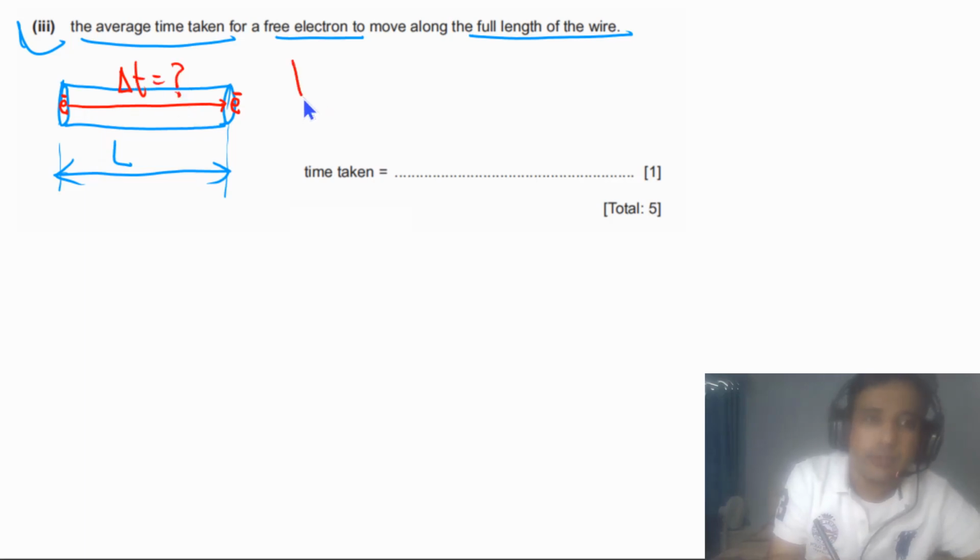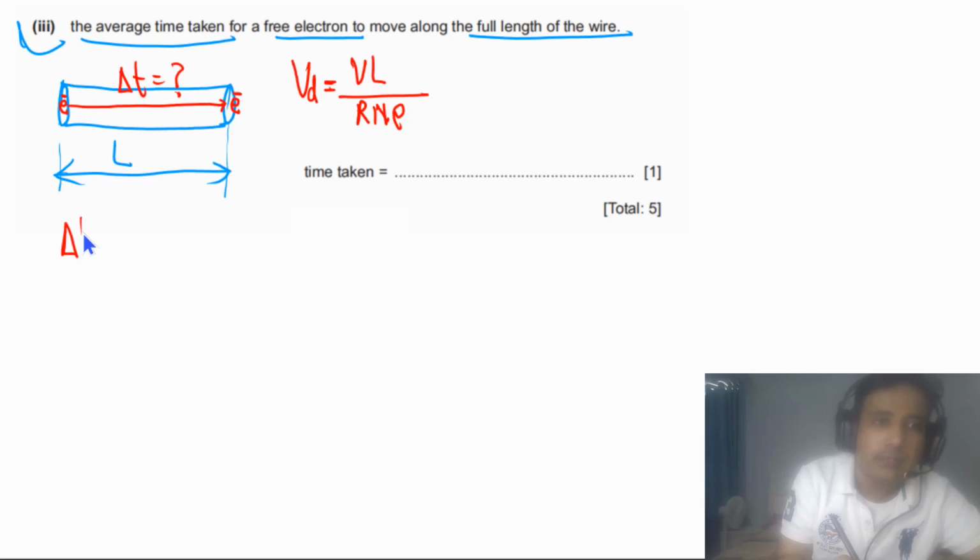This is what we need to determine. But for this question, we have already determined the average drift speed of free electron. That was equal to V L divided by R capital N e. So now we have distance, we have speed, so time delta t simply will be equal to distance divided by v_d, speed.